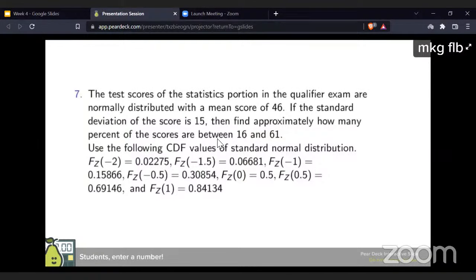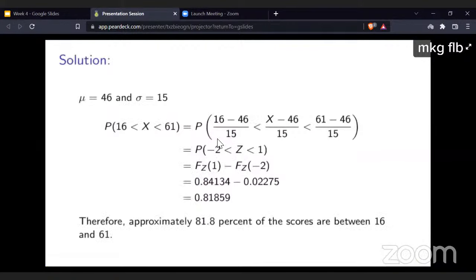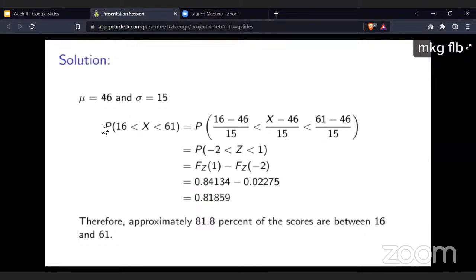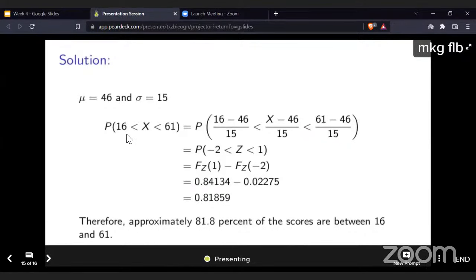So we just take the values from there and substitute. The same thing we have done here. We knew the mean of x, we knew the standard deviation, and we have to find the probability that x takes a value between 16 and 61. The integration using the PDF of x is going to be very complicated.